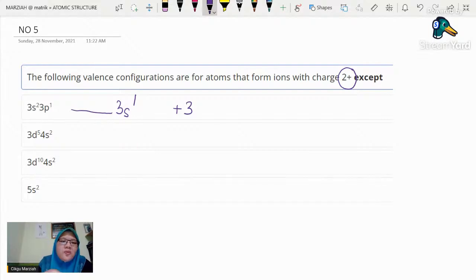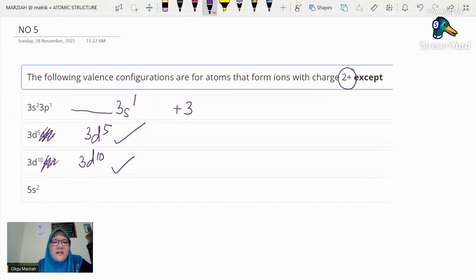Okay, number 2, okay, this involve d orbital. Kalau dia buang 2 electron, dia ada 3d5 which is a half fill orbital. Okay. And then kalau dia buang 2 from 4s2, dia tinggal 3d10 pun okey, dia boleh dapat pseudo noble gas configuration. Dan kalau dia buang 5s2 ni pun okey.